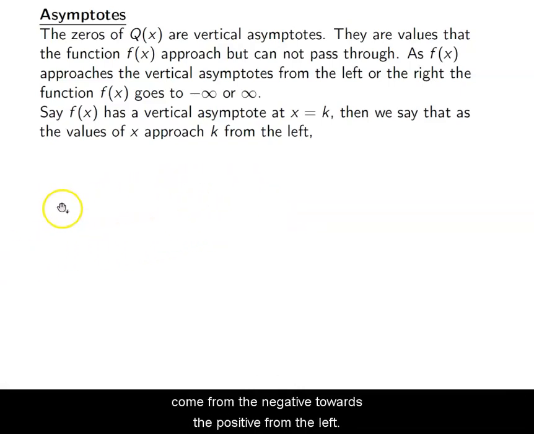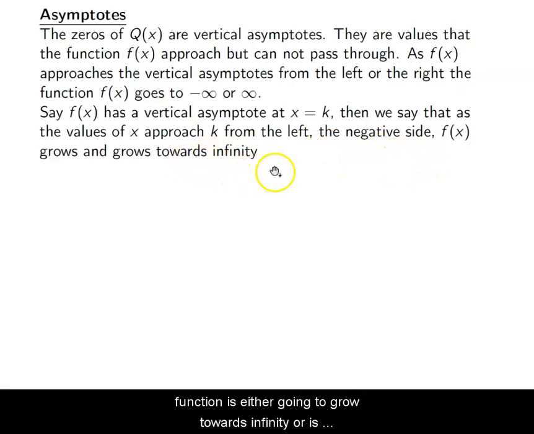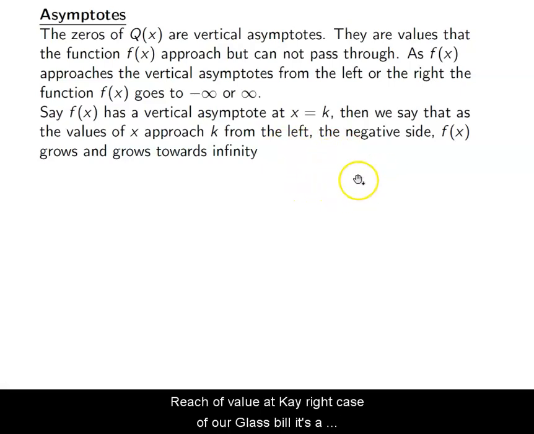So as we come from the negatives towards the positives from the left, we have to talk about what our function is doing, right? Our function is either going to grow towards infinity or it's going to grow towards negative infinity, because it cannot reach a value at k.